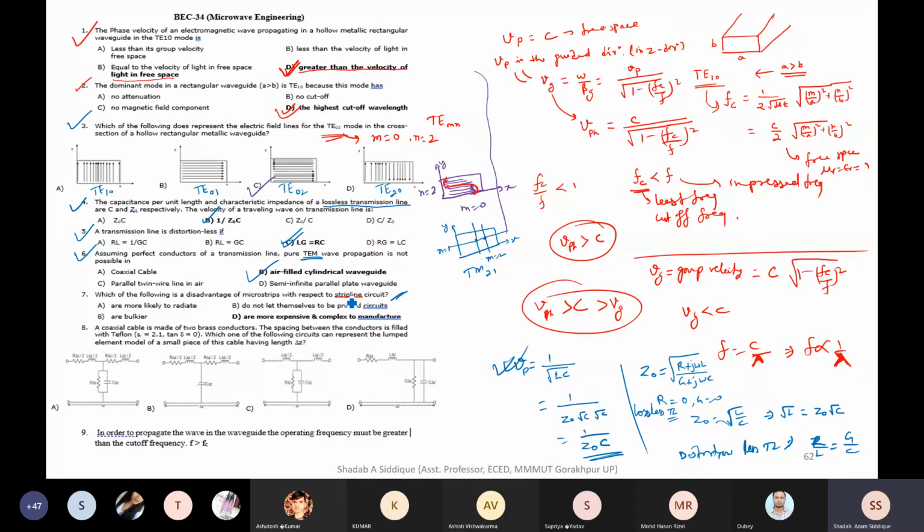No tunable facility, because in the strip line we have a strip inside, at the center line, between the top plate and the bottom plate, which have thickness T, and the strip also has thickness T. So the strip was inside of this. Once it is fabricated, we cannot tune at all.